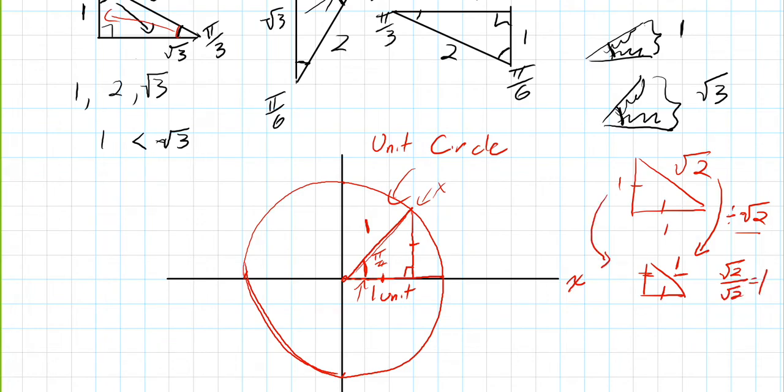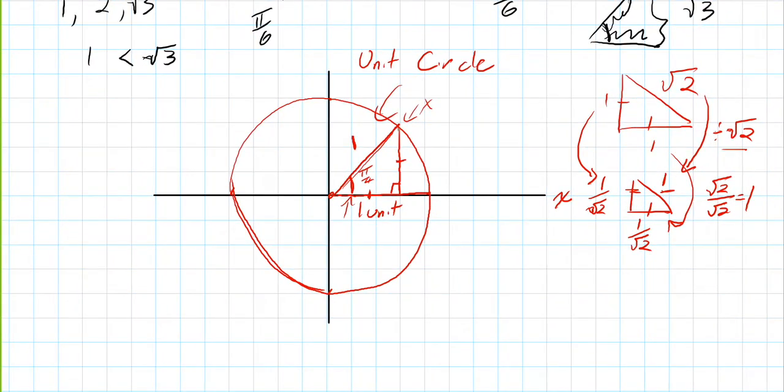I need to do the same to my other 2 sides of the triangle here. Since they're the same, I'm just going to write 1 over root 2 and 1 over root 2. This is an acceptable value. They might ask you to rationalize it. To rationalize it, all that means is they don't want a radical value at the bottom.